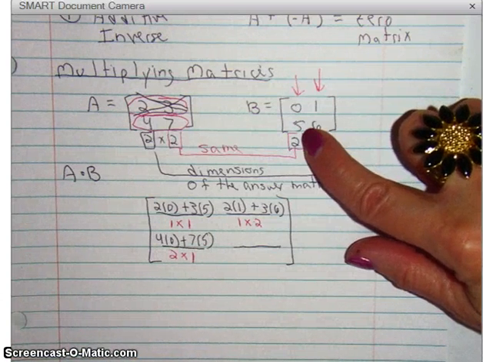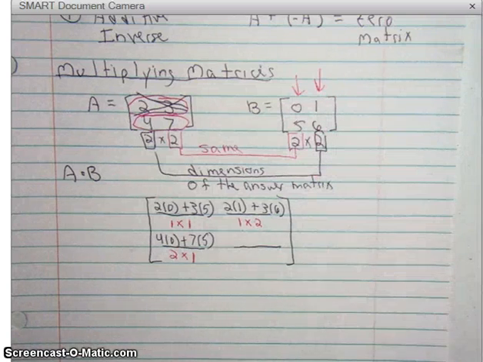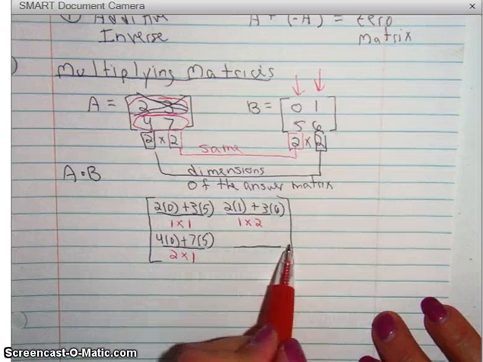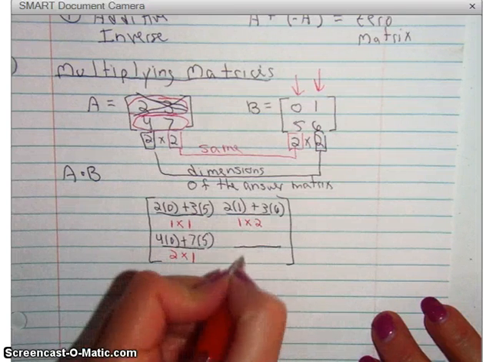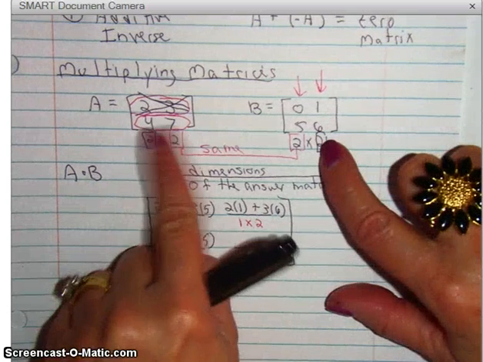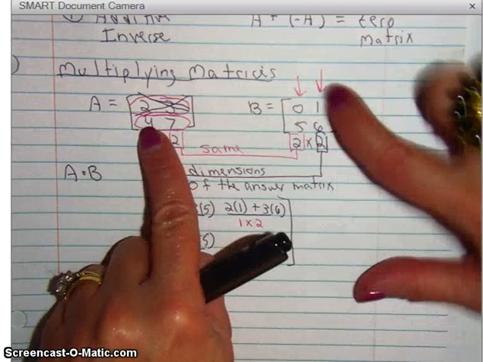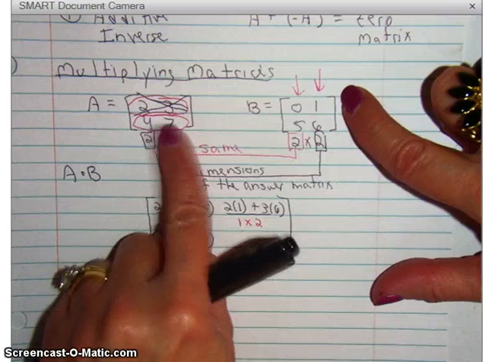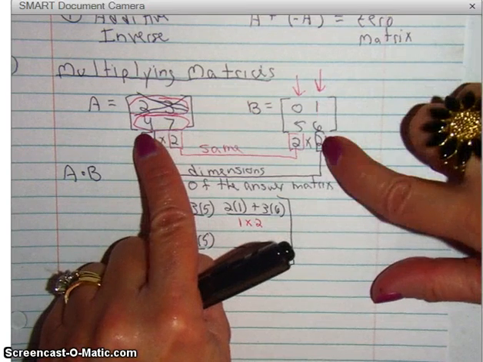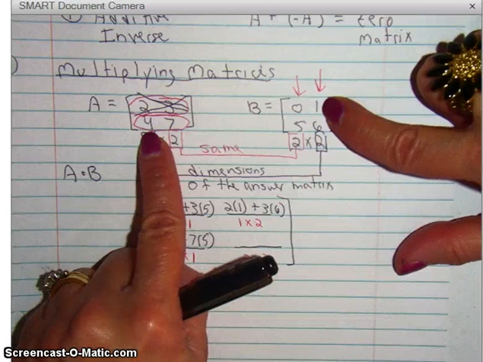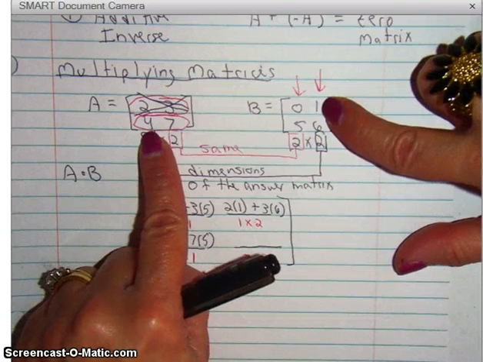Okay. All right, last one. Drew, what position is this? Row 2, column 2. Yep. So that tells you take row 2 in matrix A times column 2 in matrix B. Row 2 in A, column 2 in B. Joel, what would we multiply for first times first? 4 times 1.